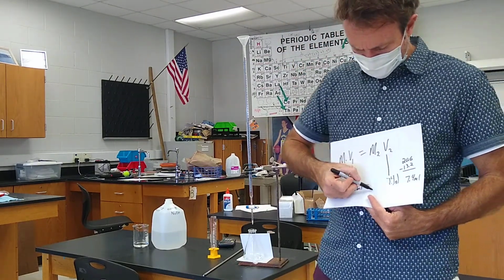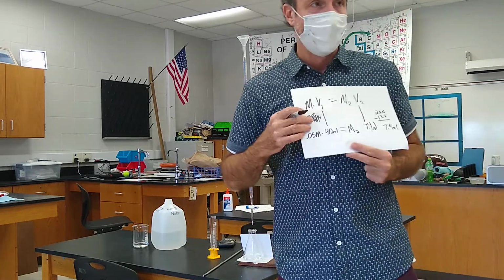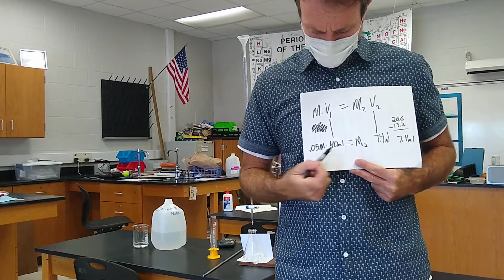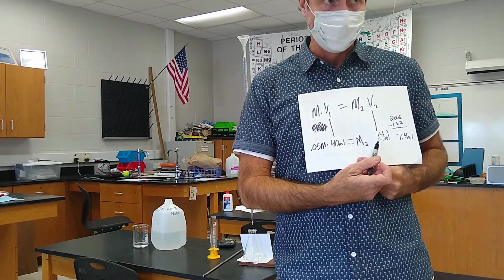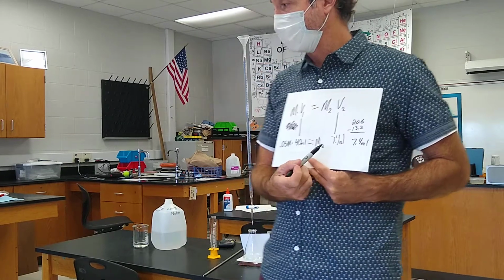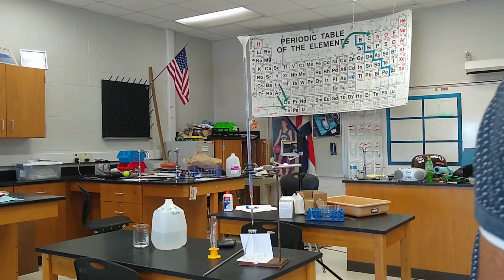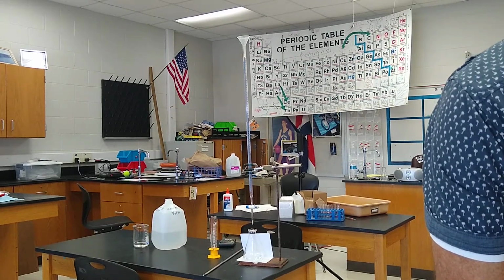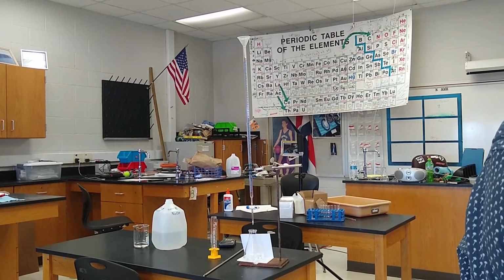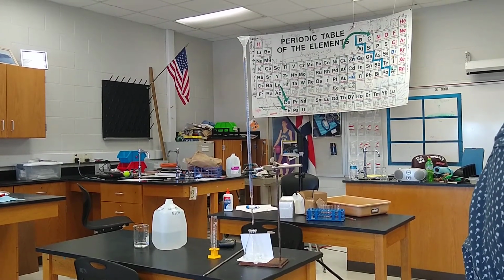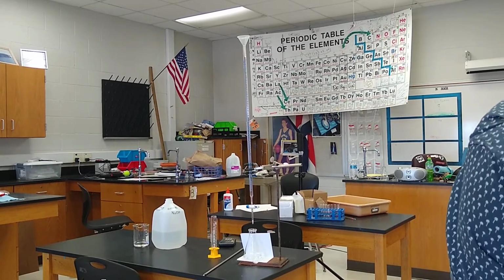So now we can solve for what? That's right. Now we can solve for the molarity of that acid. All right? So we have 0.05 times 40 is equal to M times 7.4. So let's solve for that molarity real quick. We're going to cross multiply. 0.05 times 40 equals M2 times 7.4.